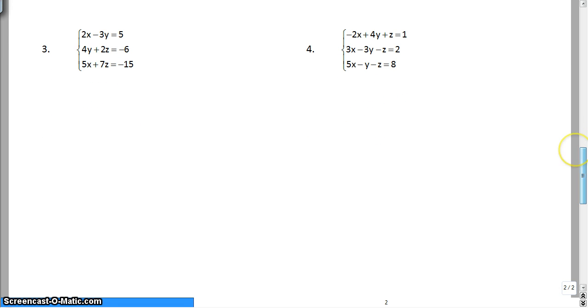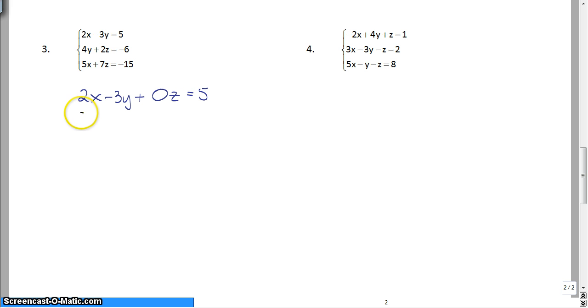Now there's a couple more examples, and we'll just talk about them real quick. The first one, number 3, this is when you don't have a lot of other variables, but you still have 3. So we only have 2 here. One recommendation that I would have for you when you do this problem is to rewrite it as 2x minus 3y plus 0z is equal to 5.